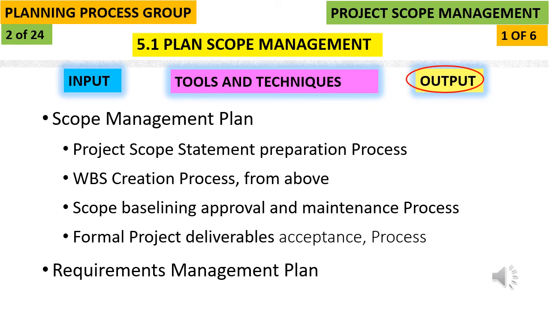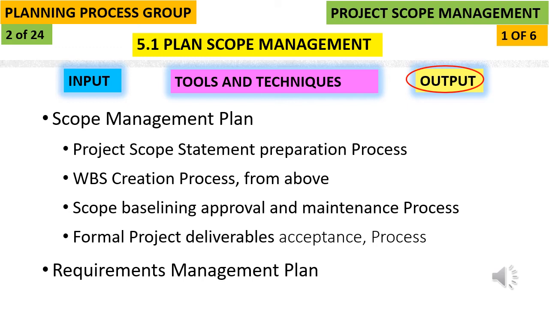So to summarize, the output of this process, plan scope management, should have a scope management plan, a document named the scope management plan, which should have four processes. The first process defines how the project scope statement will be prepared.